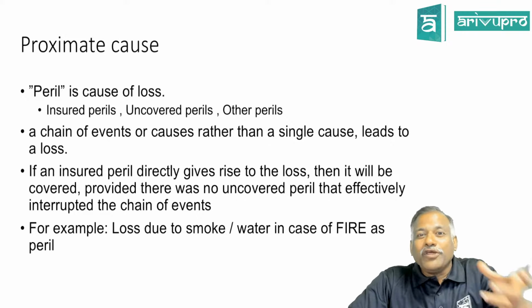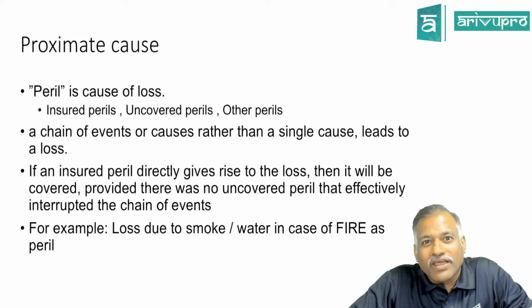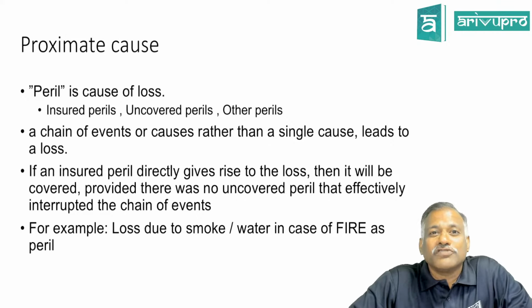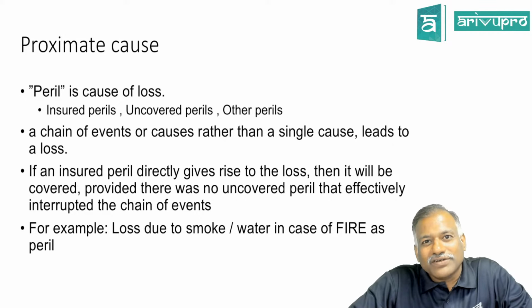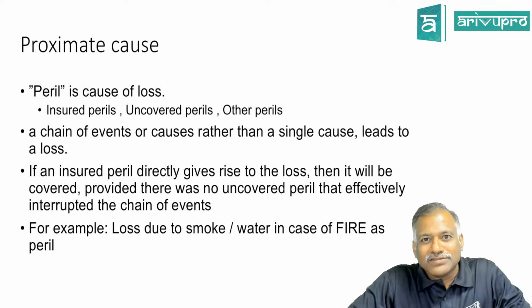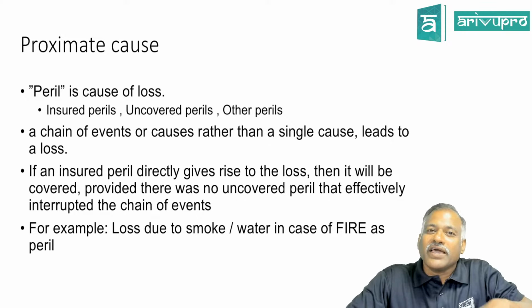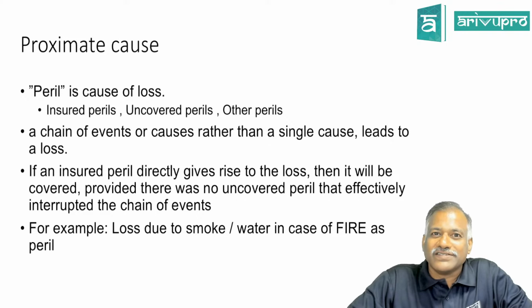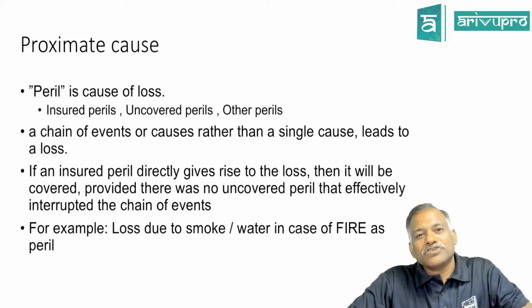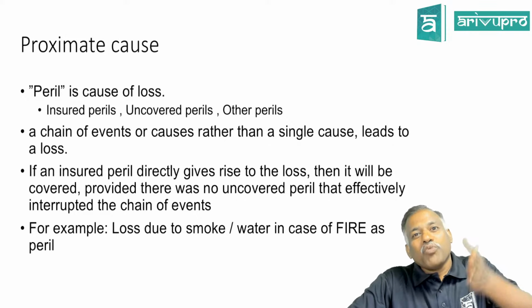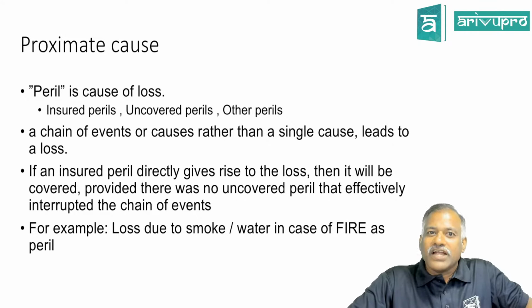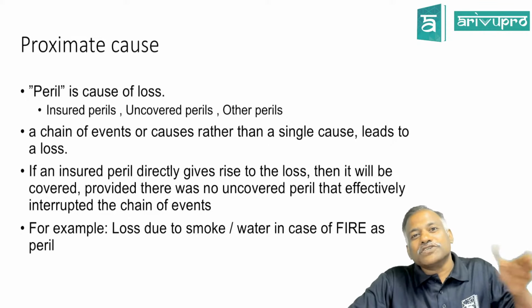Maybe the quality of the materials that were stored in the warehouse got badly affected because of the smoke, right? It is not because of fire, but it is because of the smoke. Fire would burn. The smoke did not burn, but it has hampered the quality of the materials or the goods that is stored there. So it is a loss again, but not because of fire, but because of the smoke. But the smoke happened because of the fire, and fire is a covered peril, so the losses will be compensated.